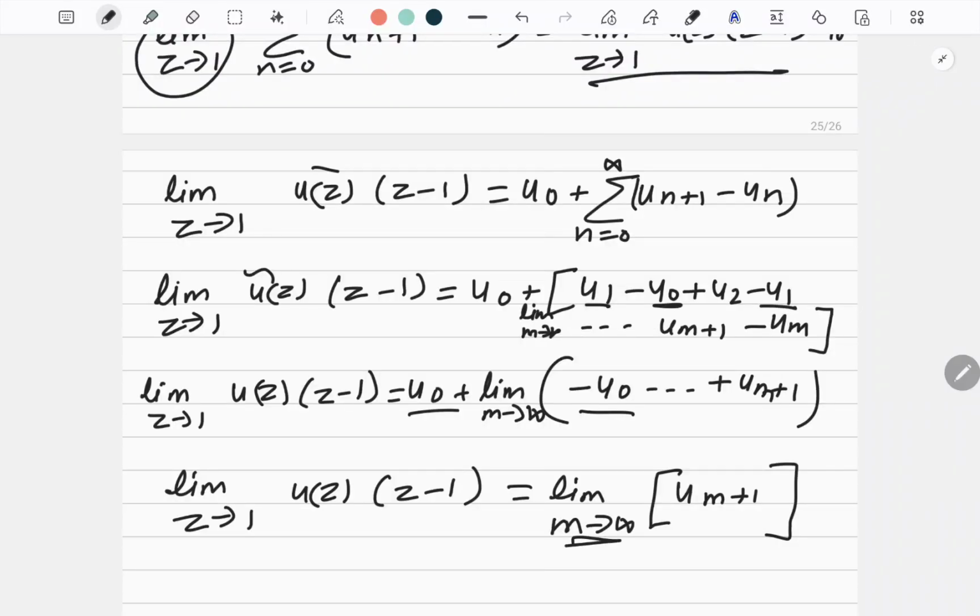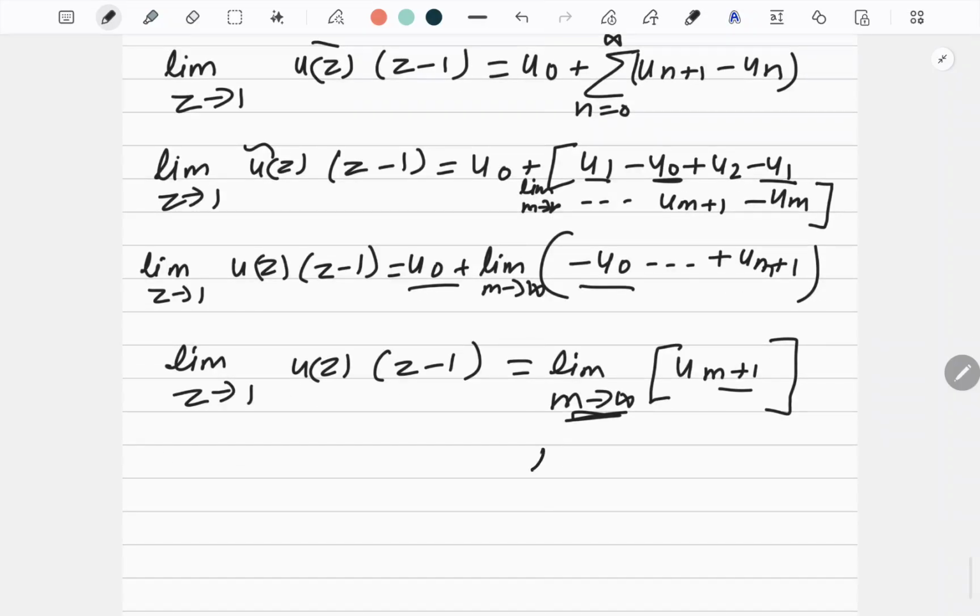When m is tending to infinity, m plus 1 is also tending to infinity definitely. Hence the RHS is equivalent to limit m plus 1 tends to infinity of u(m plus 1). So in place of m I can write limit m plus 1 tends to infinity. Correct?